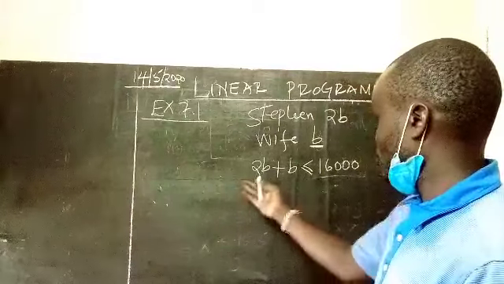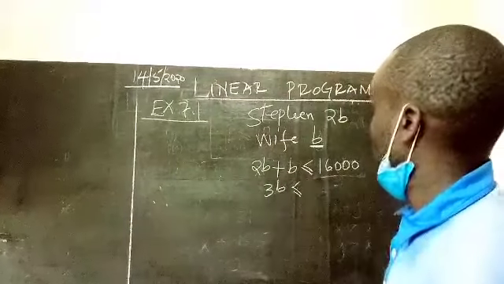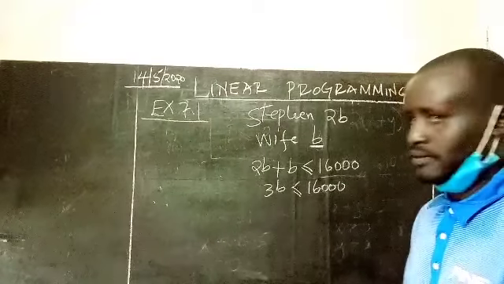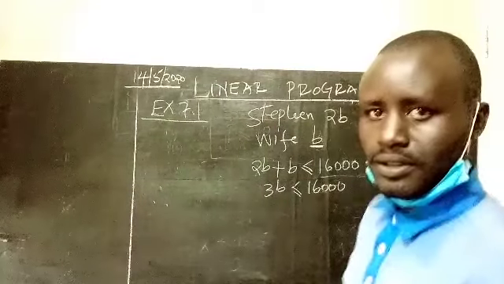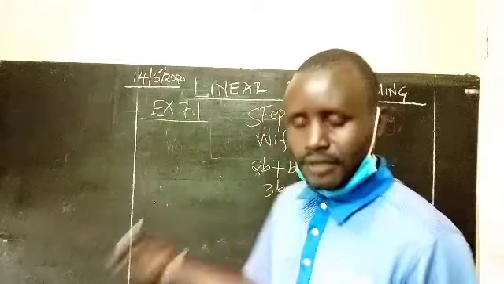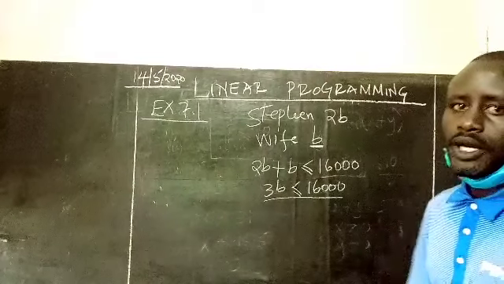So we add and collect the like terms, and we get 3B is not more than 16,000. That is our first inequality.